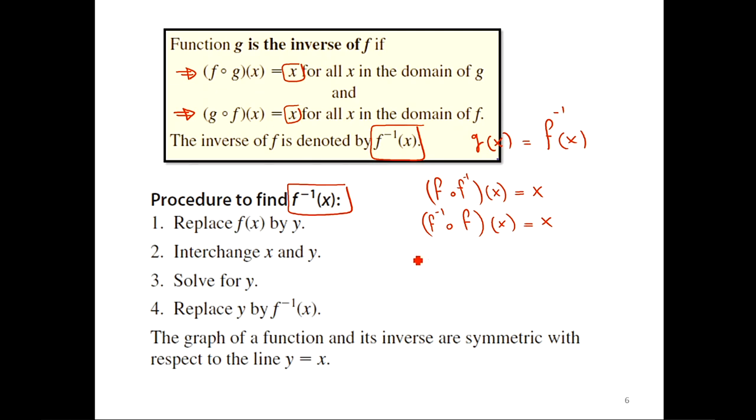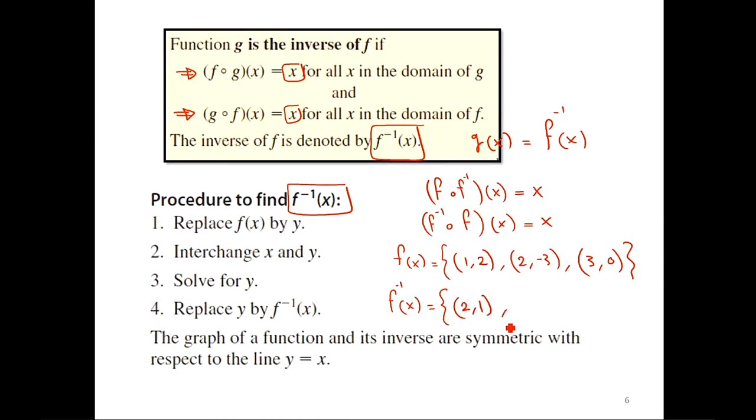A simple example about the inverse: if f of x equals this, 1 with 2, and 2 with -3, and 3 with 0. So the inverse function equals what? We have 1, 2, so the inverse must be 2, 1.